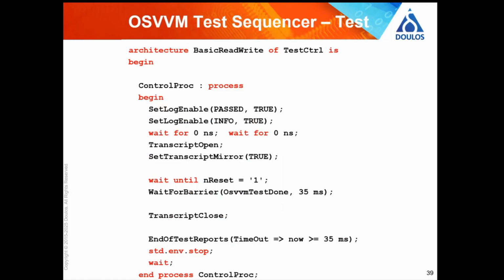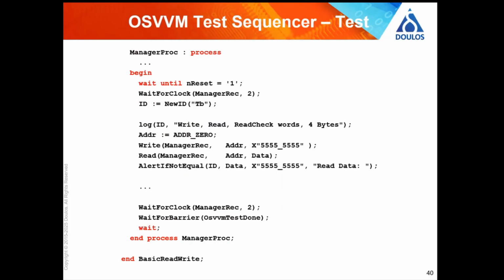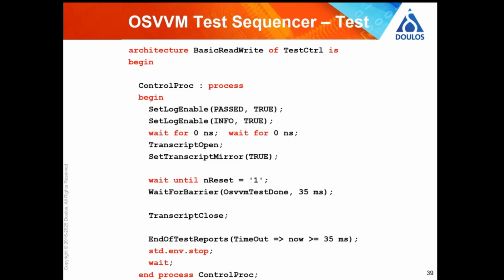And then here's the test. Actually, there are two slides showing the test. We've got two concurrent processes here. You don't have to have this, it's just the way this is organized. I just adapted some code that I found. Because VHDL is multi-threaded, we've got a thread here, a process that's doing the housekeeping, basically.